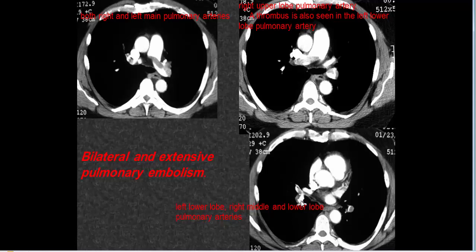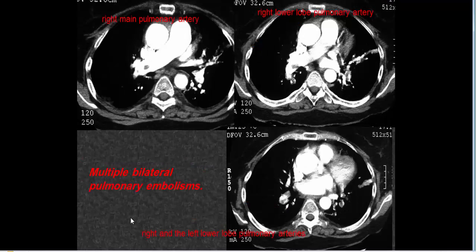This is extensive pulmonary embolism. Multiple bilateral pulmonary embolism. Right main pulmonary artery, intraluminal filling defect. Right lower lobe pulmonary artery, intraluminal filling defect. Right and left lower lobe pulmonary arteries, intraluminal filling defect.